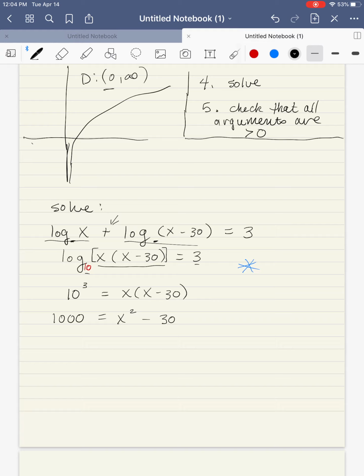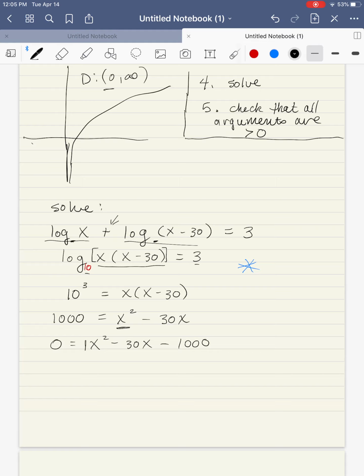Okay, if I distribute the x, x times x is x squared, x times negative 30 is negative 30x. I see that it's quadratic, so I want to get equal to 0, keeping the x squared positive. So I subtract the 1,000.